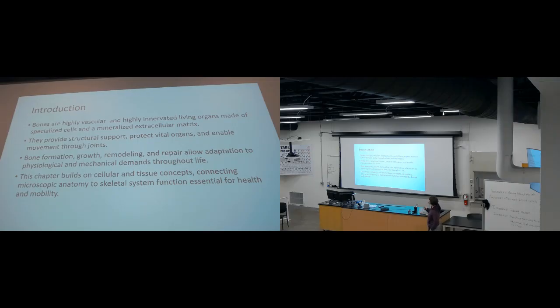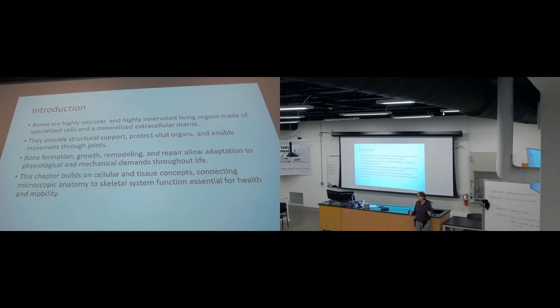Functions of bone tissue would be to provide structural support. So then our muscles will be able to attach to the bones because it provides structural support. It's like a column in a wall. And then it protects vital organs.